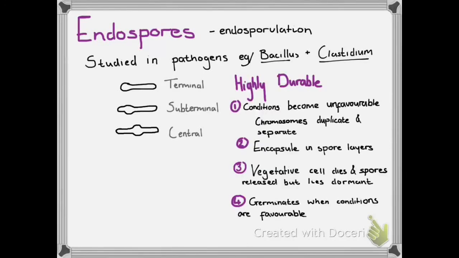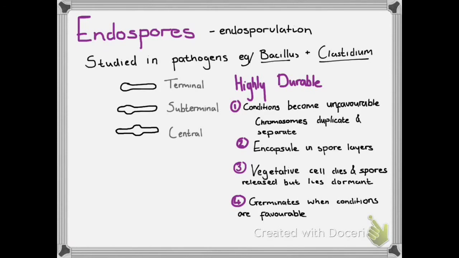If you look at how these form and what they do, they occur in some species when conditions become unfavourable. The chromosome duplicates and separates and becomes encapsulated in things called spore layers. When the conditions become so unfavourable, the vegetative cell dies and the spore is released, but it doesn't germinate or live straight away.